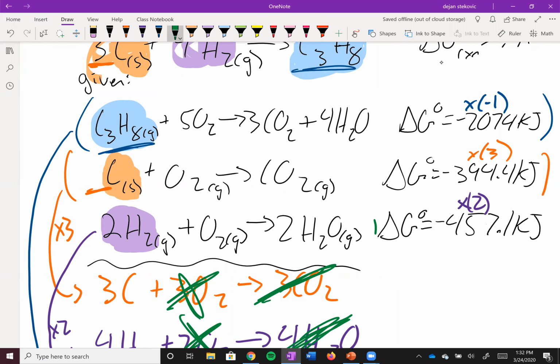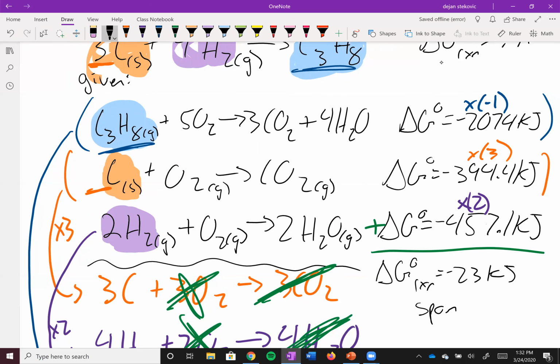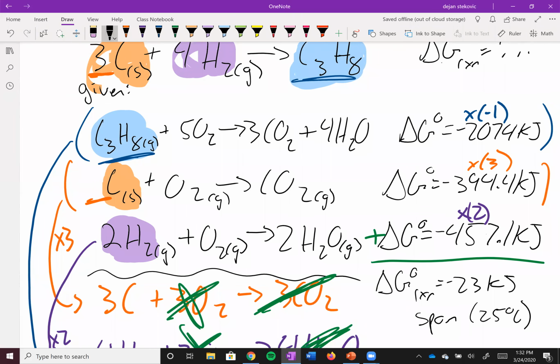And then we're going to go ahead and sum them all up. And if you do that, you get the delta G of the reaction is -23 kilojoules. So that is spontaneous at these standard state conditions, right? Which is generally the degrees Celsius here is the big thing. So this is a spontaneous process at room temperature.